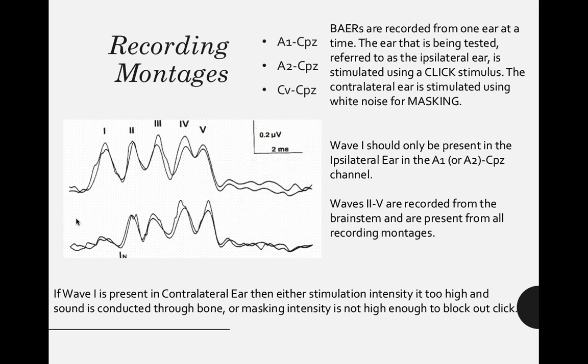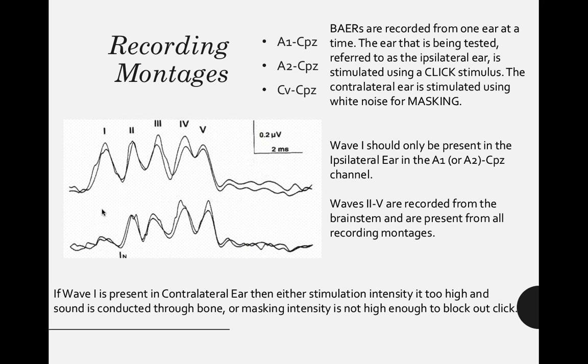So if you see wave 1 over here in the contralateral ear, then that means that your stimulation intensity is too high and your sound is being conducted through the bone, and the contralateral ear is hearing the clicking, or perhaps your masking, your white noise, is not high enough to block out the sound.